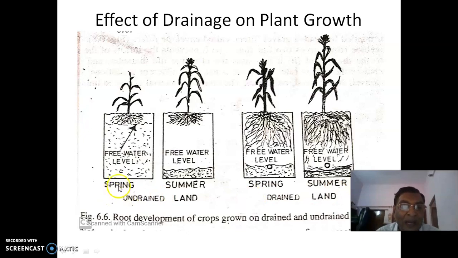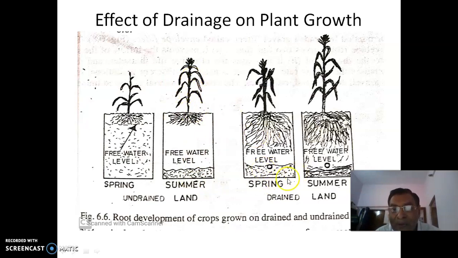Within the undrained land, you can see during this spring and during this summer, our Rabi season and summer, if the water level is too much, even up to the root zone, you can observe growth impediment. Here, a little bit down during summer, the water level is lower, more growth, but not much leafy.